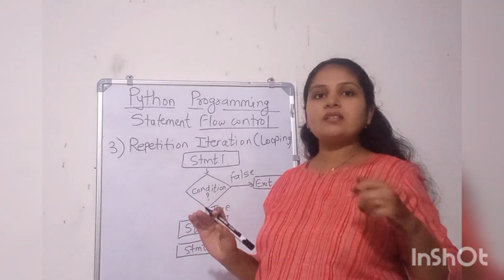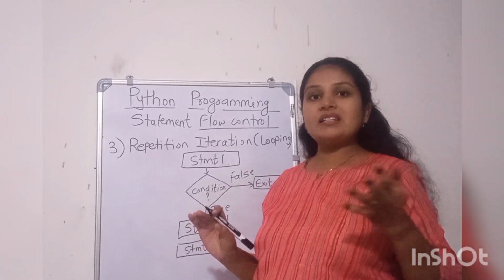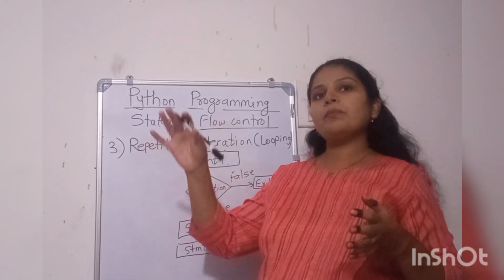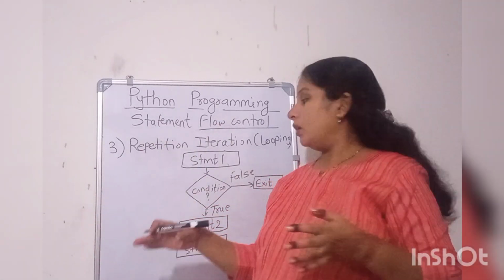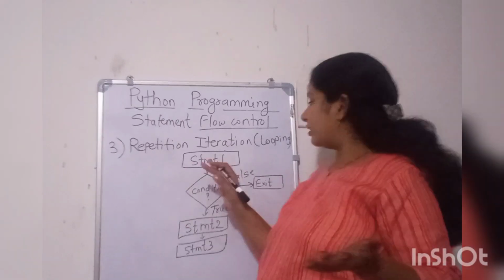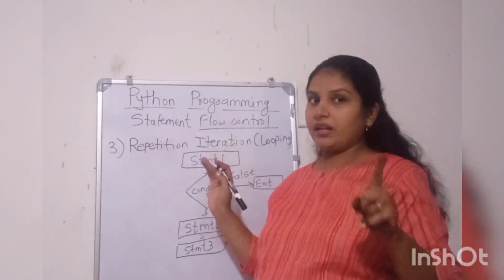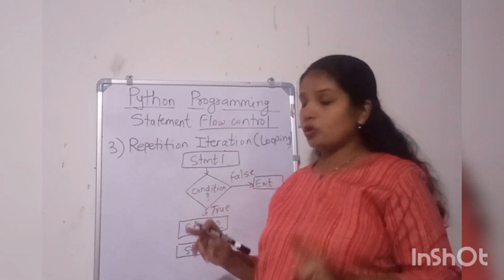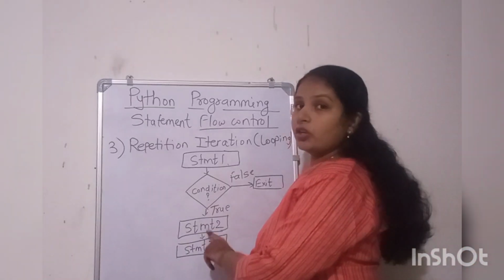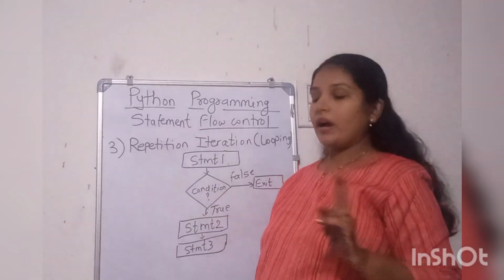We need to write the condition in such a way that at some point in your program, your condition might be false and then you are taking the exit, but till your condition is true, you keep executing statements 2 and 3.